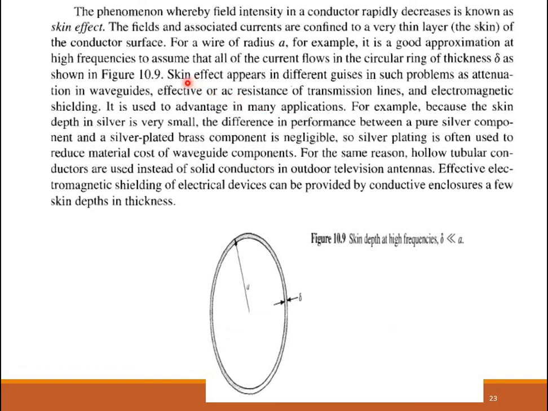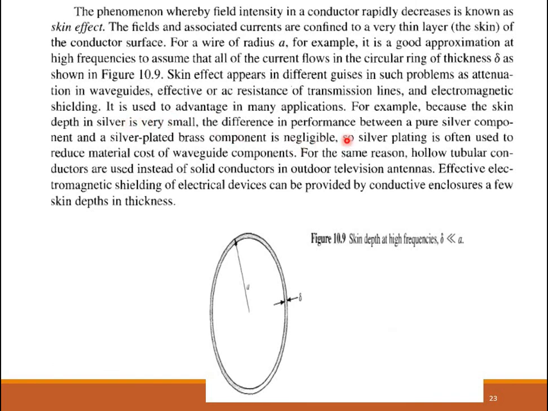Various situations where the skin effect is observed are attenuation in waveguides, and in the measurement, it affects the AC resistance or the effective resistance of transmission lines, and again in electromagnetic shielding also.